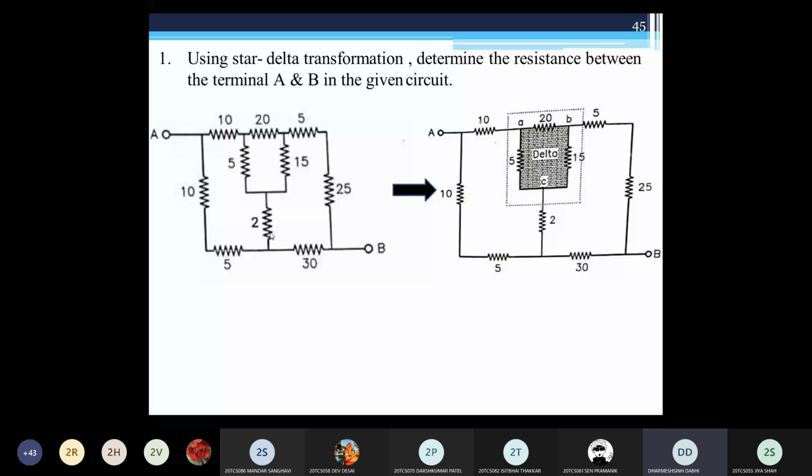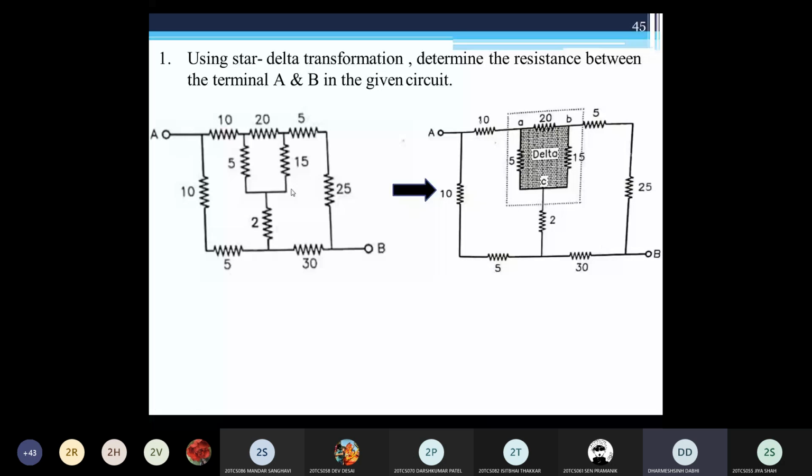So here we can see a number of star or delta circuit fashions. Here this 2, 5 and 30, that is also star. Here 10, 25, that also looks like a star. Same way 25 and 50 also in star. But you identify the point where you can reduce the circuit very easily.